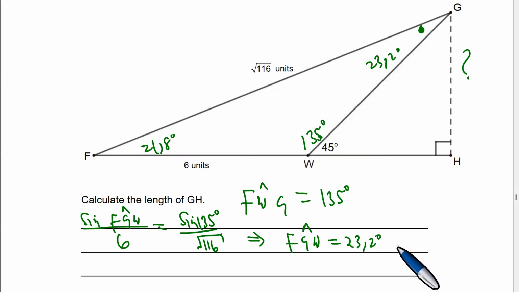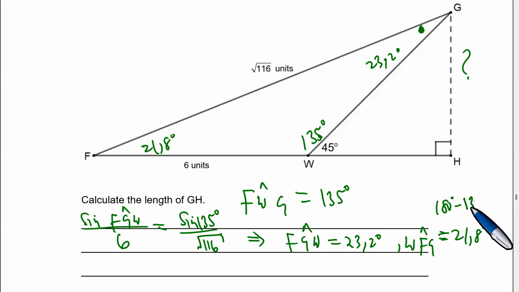So we have that angle WFG is equal to 21.8 degrees. Why? Because this angle is 180 degrees minus 135 degrees minus 23.2 degrees.